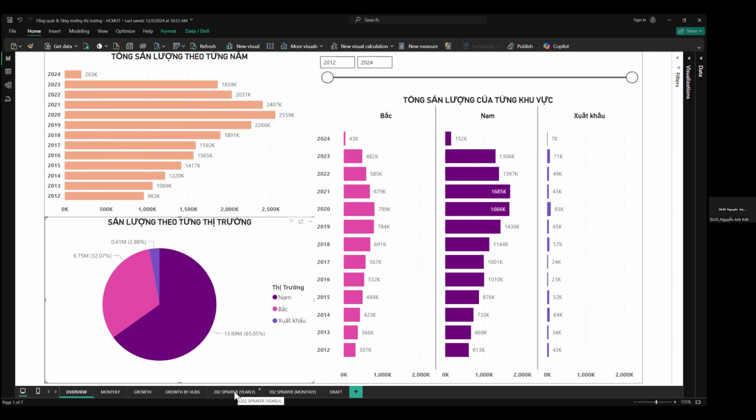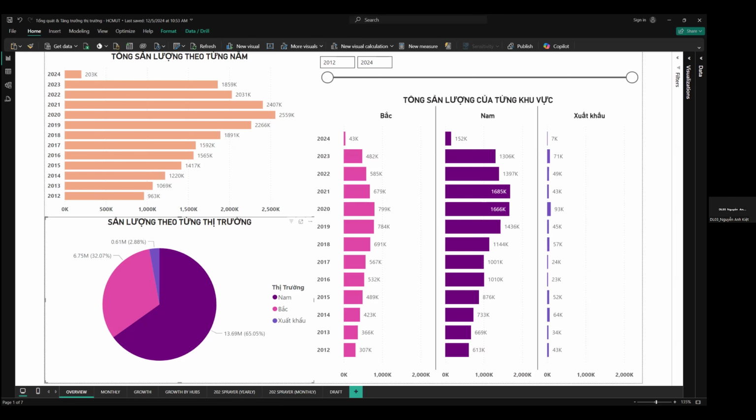After looking at the overall production across different markets, we're going to focus on analyzing the total production in each region to better understand the changes and the contribution of each area to the company's performance. About the general observations, both North and South in 2020 and 2021 are big production years.